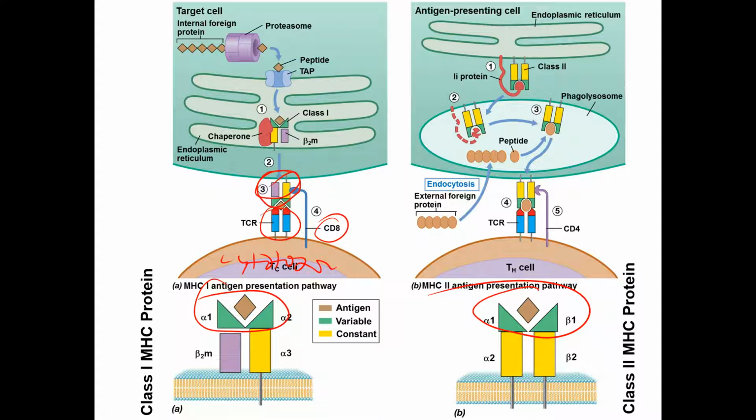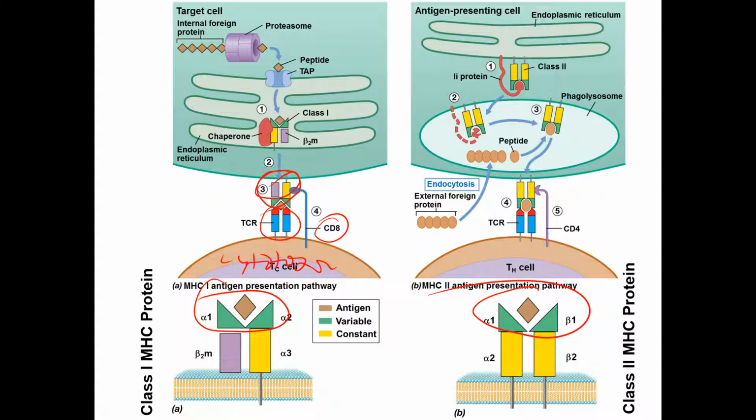And this helps to basically give the appropriate signals to the CD8 T cell that, hey, this is an appropriate interaction, this antigen is being presented, you need to be on the alert, you need to undergo this clonal expansion and produce more T cells.